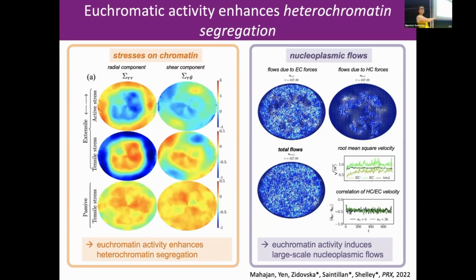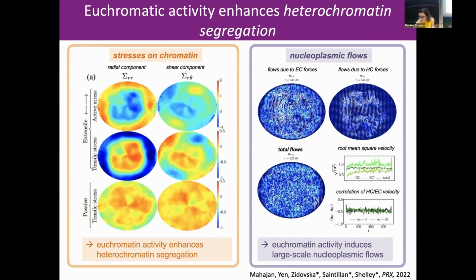Now, in our description, we include the presence of the fluid. In fact, it's one of the critical components. So it's the hydrodynamic coupling between the active forces that leads to a lot of this phenomenology. So we started to look also at the nucleoplasmic flows. How is the fluid behaving in this whole question? And what you can see, so these movies have stopped.